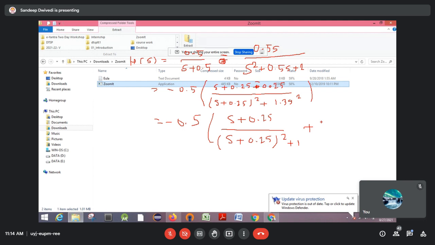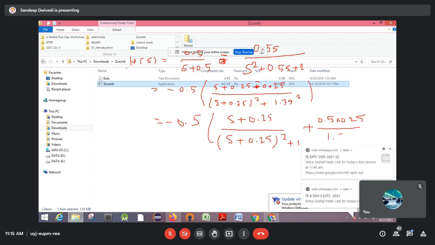Okay, so what I will do, this as 0.5 multiplied by 0.25. Okay, so 0.5 into 0.25, so that I can write this term in the form of b, 0.25, and 1.39 I will take outside.